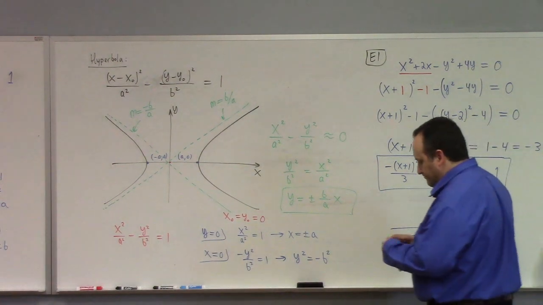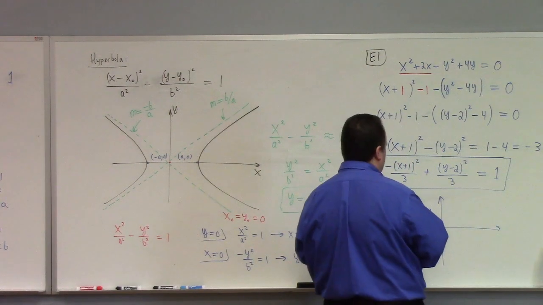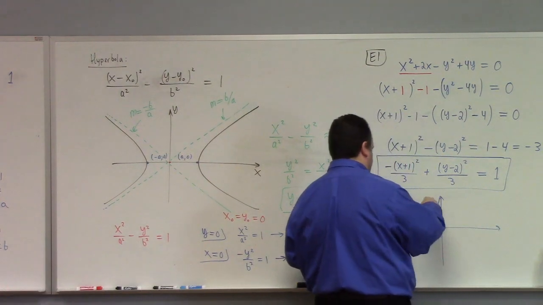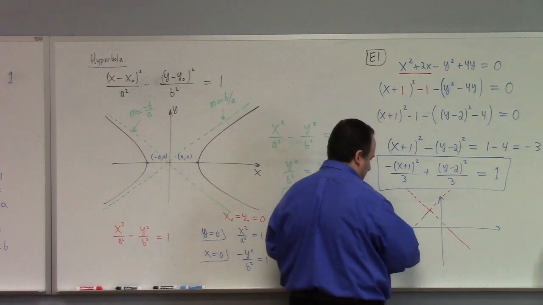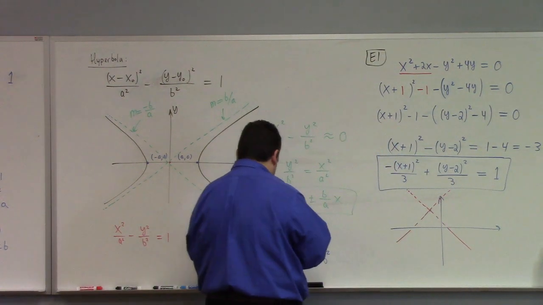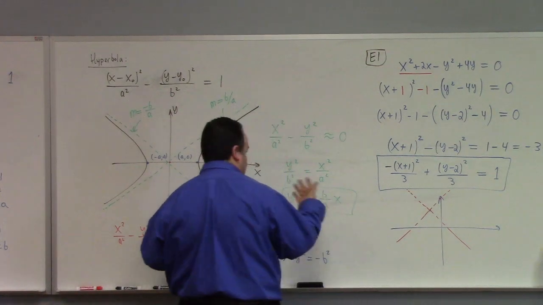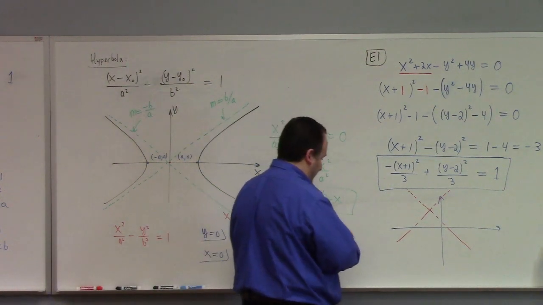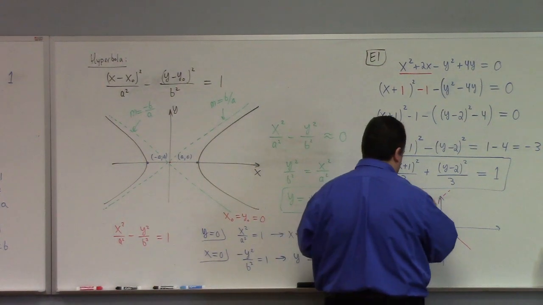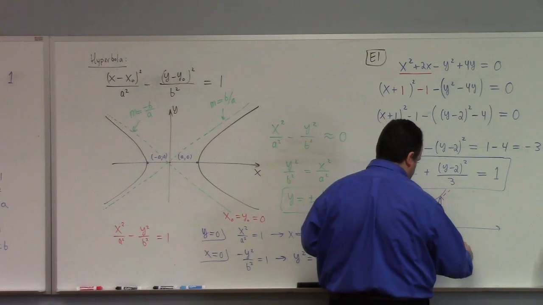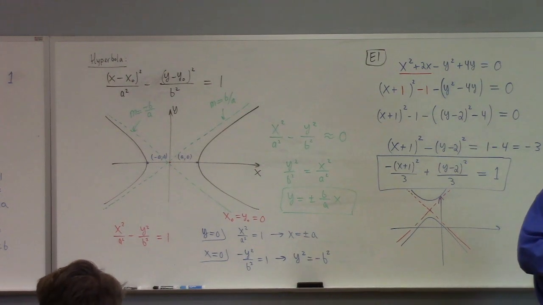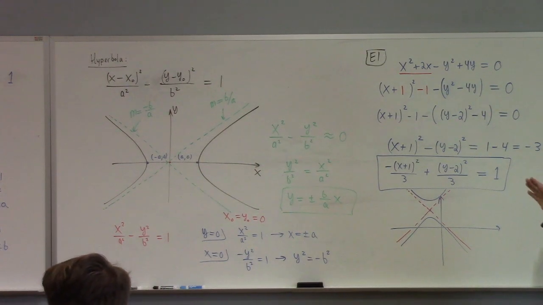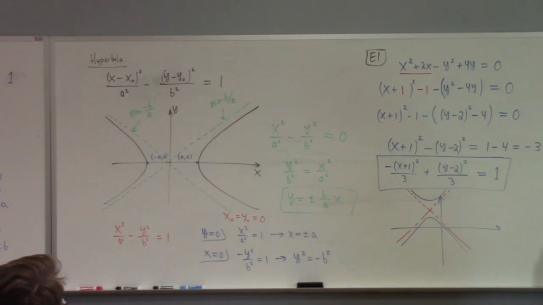I believe the asymptotes are y equals, with slope 1. This one opens vertically because it's the opposite pattern of the signs that we just went through. So its graph looks something like this. I think that's enough to answer the questions I've asked you. This is a hyperbola centered at -1, 2.